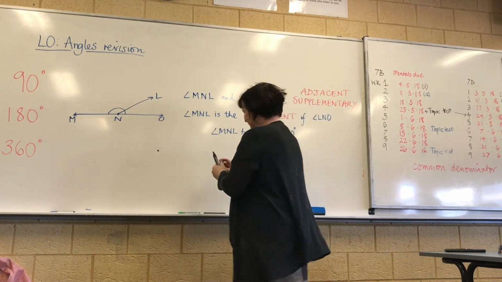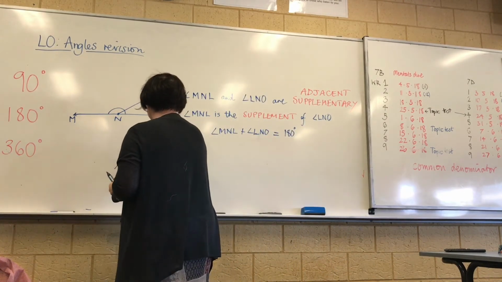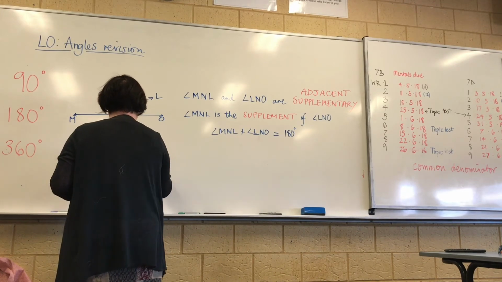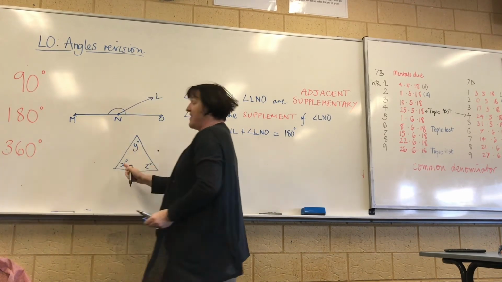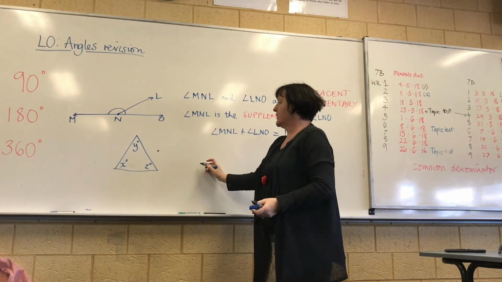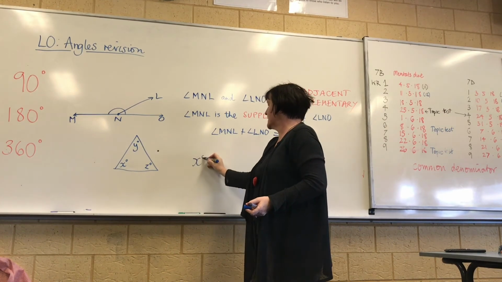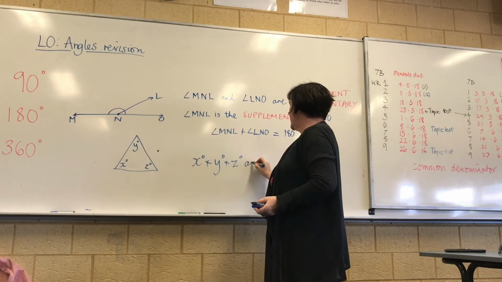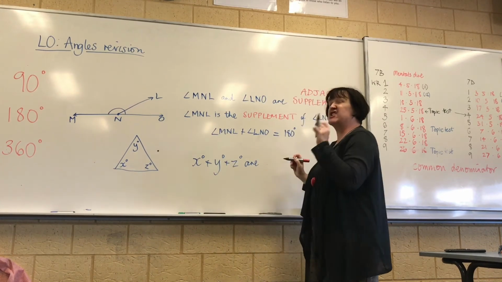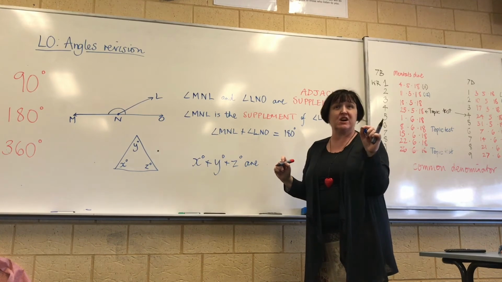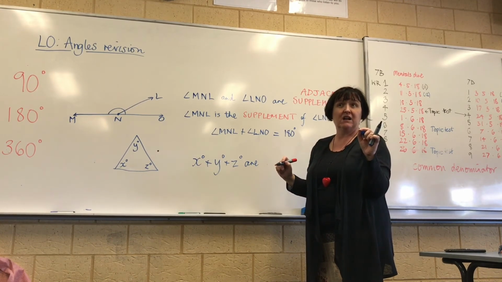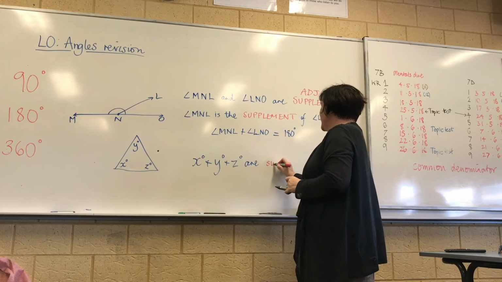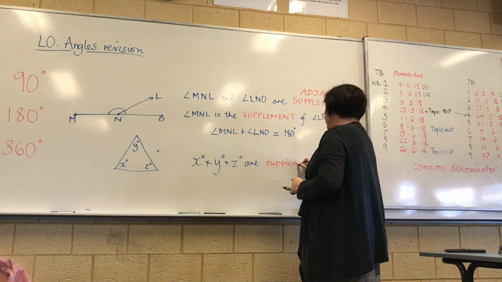Yeah. So, in a triangle, we've got angle X, angle Y, and angle Z. That's another way that they can be written. So, in a triangle, X plus Y plus Z are supplementary. But they're not adjacent supplementary because they don't share a vertex. Well done, that's right. So they're supplementary but not adjacent supplementary.